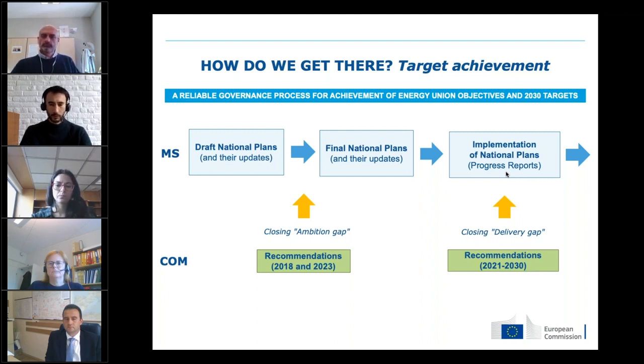Again, if you remember the origin of the whole governance process, one of the most important objectives of this recommendation is to make sure that we achieve our collective objectives for 2030. So we need to make sure that the national contributions, notably for renewables, energy efficiency, and greenhouse gas emissions, but there are more dimensions than that, allow us to reach our objectives.